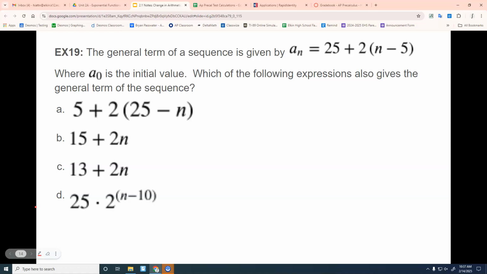For 19, the general term of a sequence is given by a sub n equals 25 plus 2 times (n minus 5), where a sub 0 is the initial value. Which of the following expressions also gives the general term of the sequence? All right.